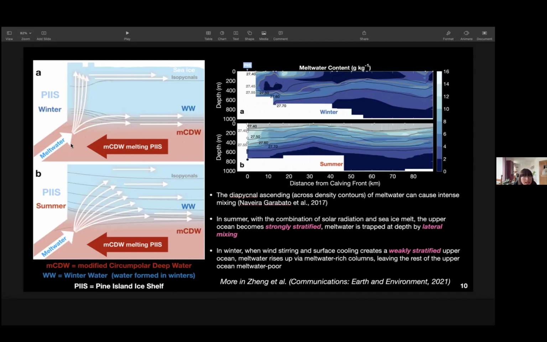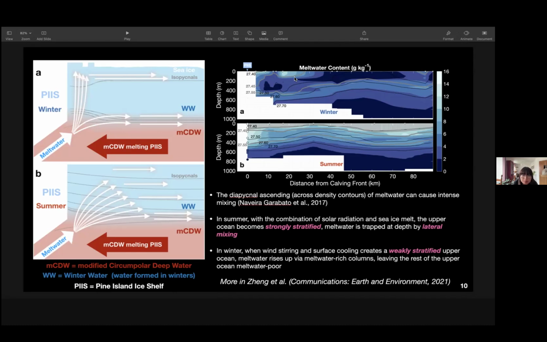It's so weakly stratified that when the meltwater is rising up, it doesn't need to go through those density contours, and it can just rise up efficiently without mixing with the ambient water. And that is what we are observing here, that in wintertime, above this isopycnal, everything is almost uniform, so then the meltwater can just rise up to the near surface.